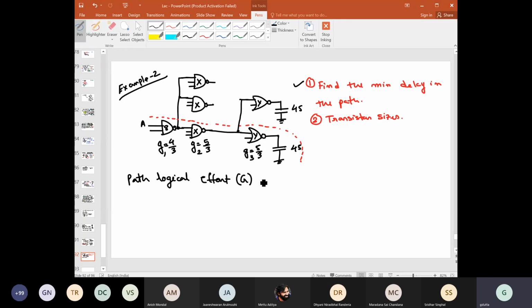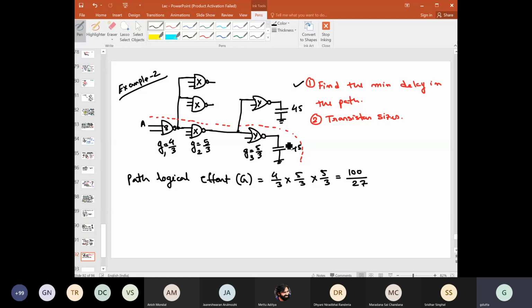Path logical effort, capital G, is 4/3 times 5/3 times 5/3, so it is 100/27.